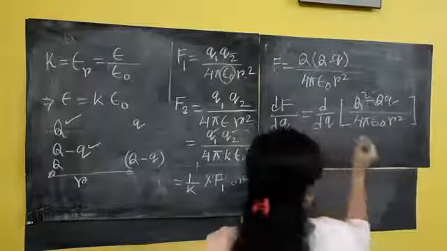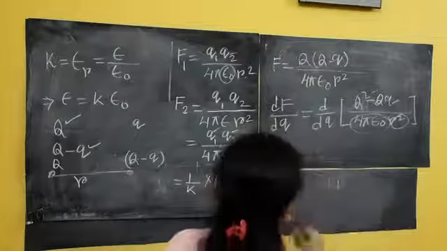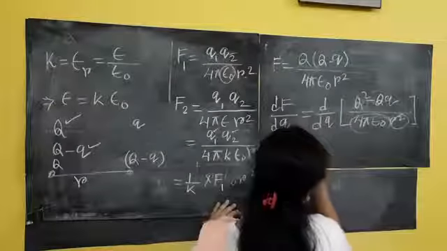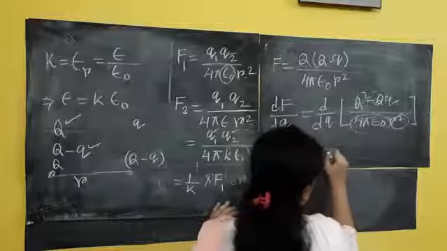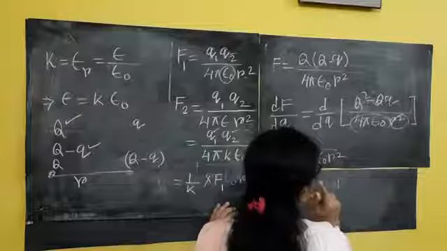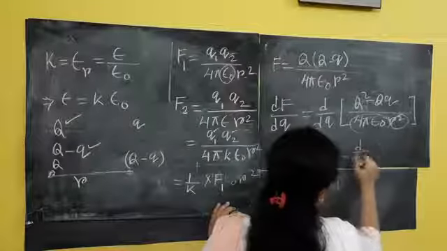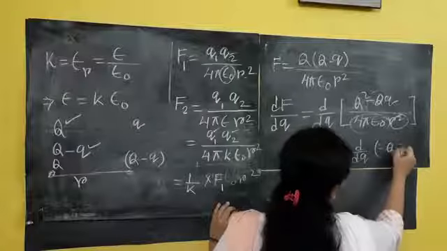Now for this Q, these things are constant. Take outside: 1 by 4 pi epsilon 0 r square keeping outside. If I do the differentiation, Q square is also constant, so I will do the differentiation of minus qQ.